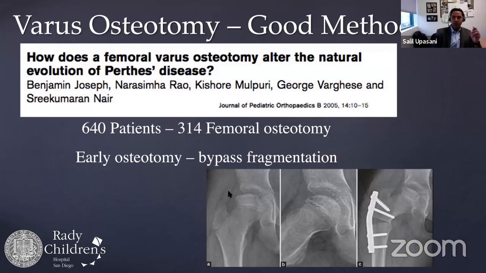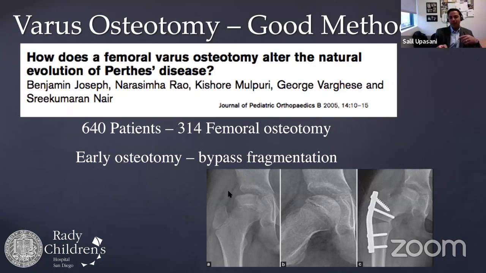So again, Professor Joseph has tons of experience with the VDRO, lots of good data coming out of India. I think a very important point that I learned from this, because my early VDROs always ended up with limited abduction from impingement of the greater trochanter in the long term.